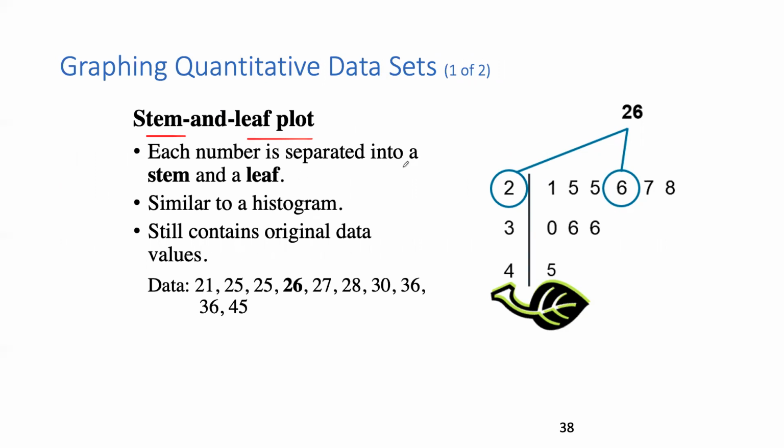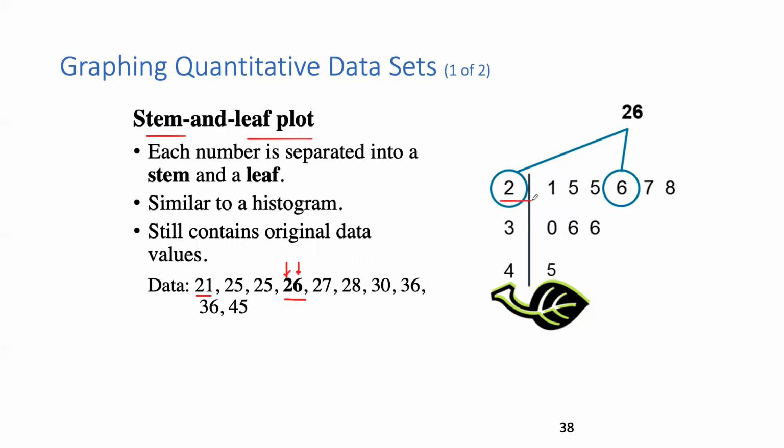Each number is separated into a stem and a leaf. So for instance, if my data is 21, 21, 25, 25, 26, this is my data set. In order for me to put this in a stem and leaf plot, the 2 here becomes my stem and the 6 here is the leaf on that stem.